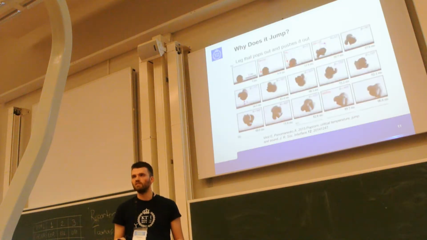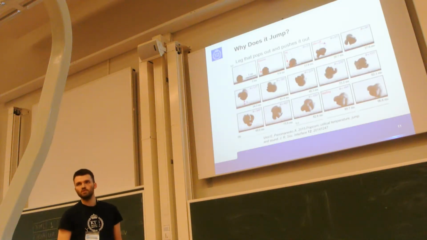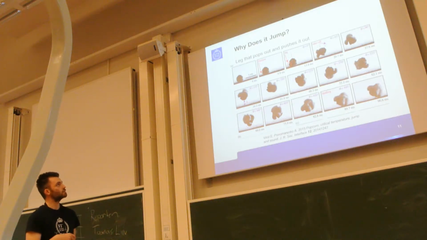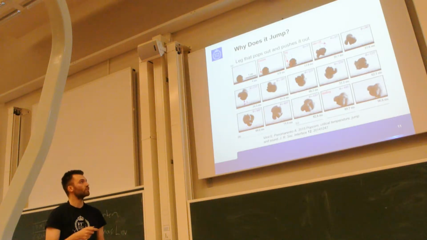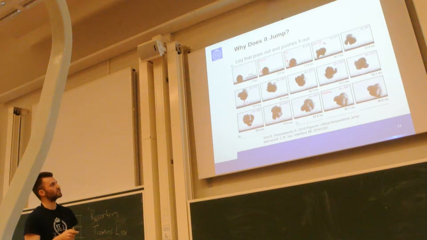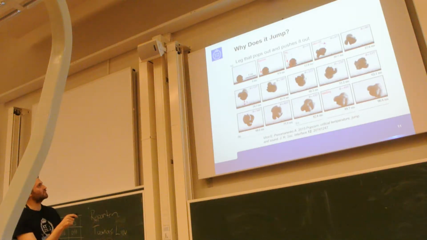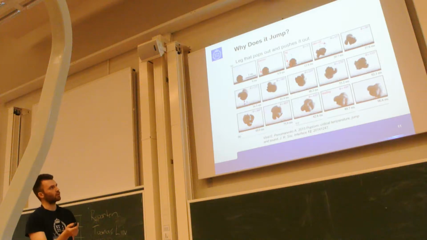But why does it jump? The research article says that it's because of a leg that pops up and pushes it out. So here we have graphics of this. At this point we have a fracture. The leg starts forming out, and it pushes the popcorn into a rotation and a takeoff.